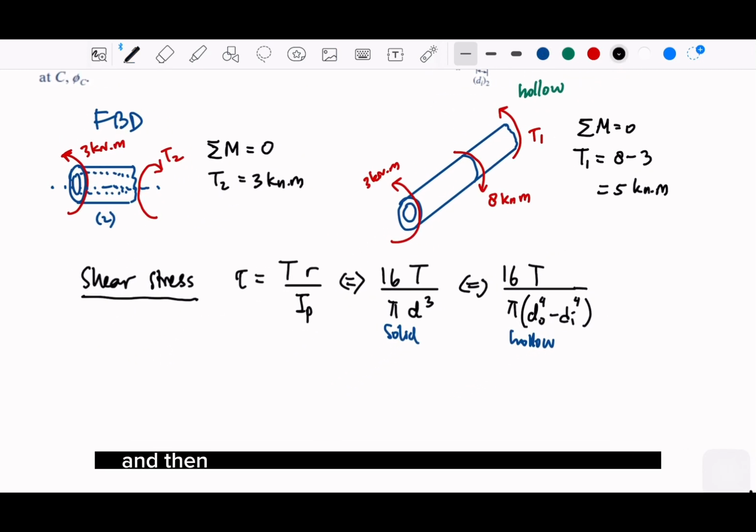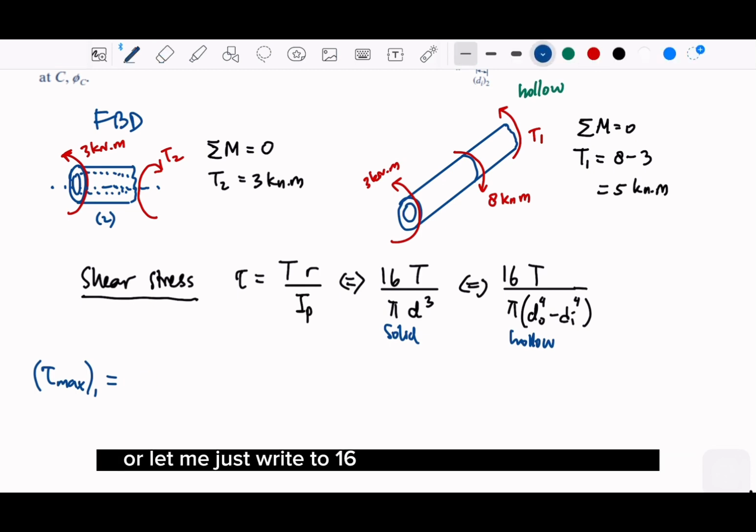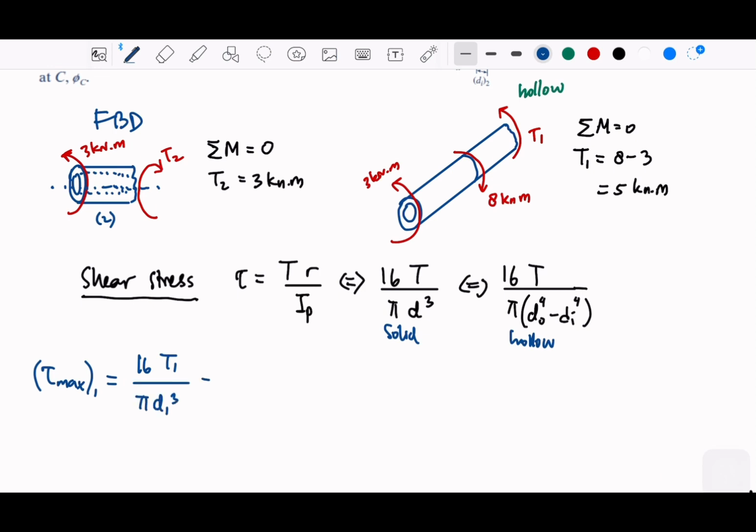And then we can take the tau max for material 1. Okay, for material 1, this will be 16 T1 over pi D1 cube.